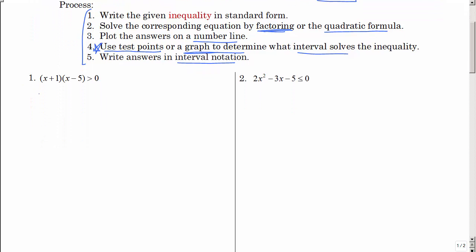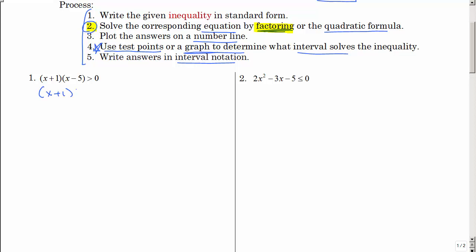So on example number 1, it's not in standard form, so do I need to multiply that out? Not really, because let's just look at step 2. It says we need to solve it, and one method of solving is factoring. Well, it's already factored for us, so let's take advantage of that. Now, read number 2 carefully. It says solve the corresponding equation.